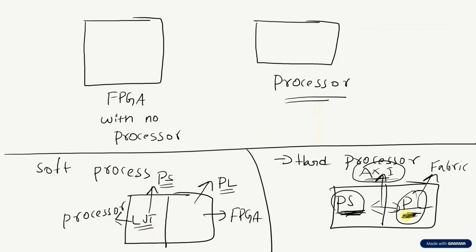If this processor wants to communicate with the programmable logic or FPGA fabric, let's say it needs to send some data, here your interconnect is going to help you. With an interconnect like the AXI protocol, you are going to send or receive whatever data you want.